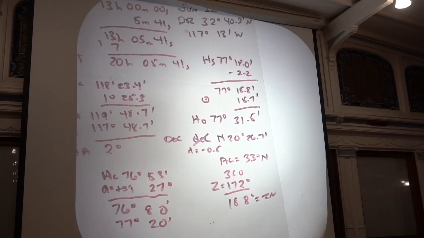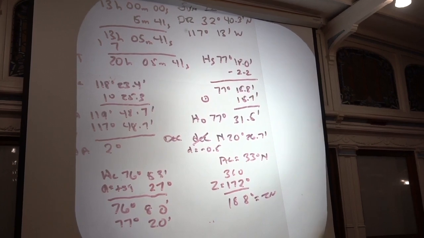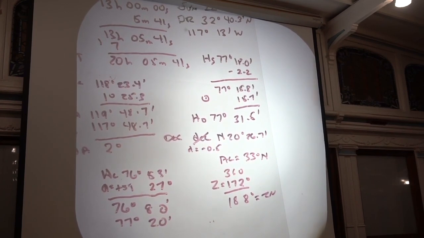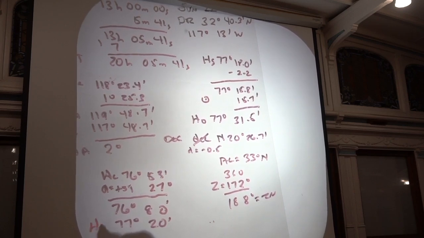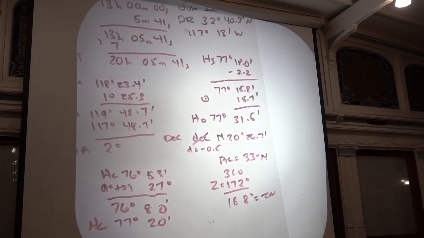Okay? Don't need a form, we just need repetition. So now we found the HC, final HC. So now what we've got to do is find out the intercept. How far away towards the sun are we from this?